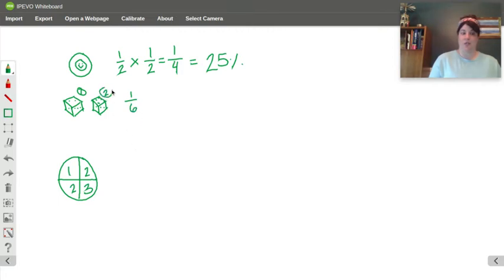Die number 2 also has a 1 in 6 chance of landing on 6. So we multiply those two together. We end up with 1 over 36, a 1 out of 36 chance for rolling double sixes. Okay? And really, for rolling any two specific numbers, our odds are 1 out of 36.